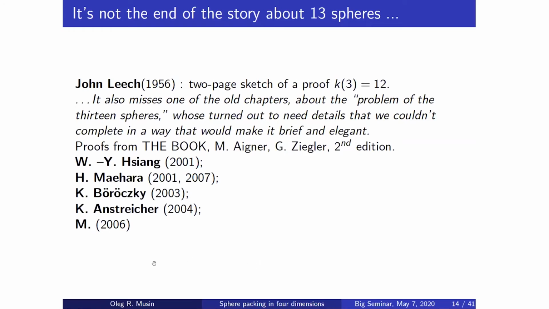Yeah, and Hiroshi Maehara, actually my favorite is Hiroshi Maehara's proof. But Igor Pak told me that he used my proof, 2006. They're different, because Hiroshi Maehara continues to use a geometric proof, but my proof relies on the Delsarte method, some idea that I would also like to briefly discuss today.